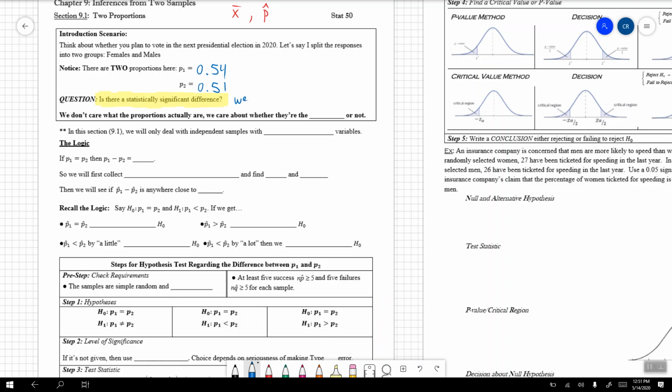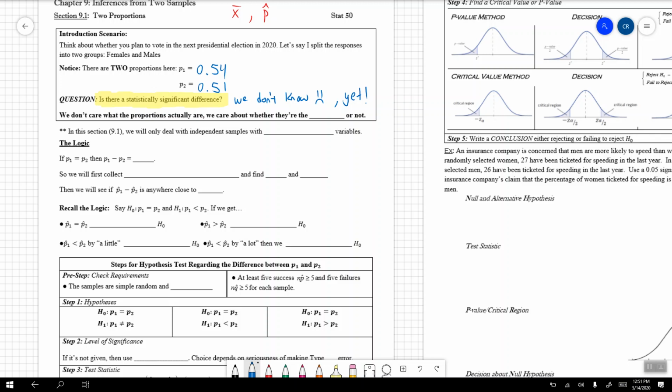We don't know yet. Sad face. But we don't know it yet, which means we are going to get there. And when we get there, it's going to be really nice, because we're going to be able to say, hey, there is a statistical significance, at least difference-wise, between these two proportions that we're observing.